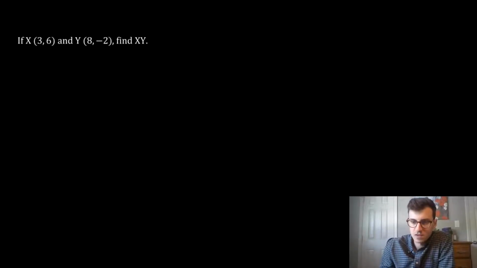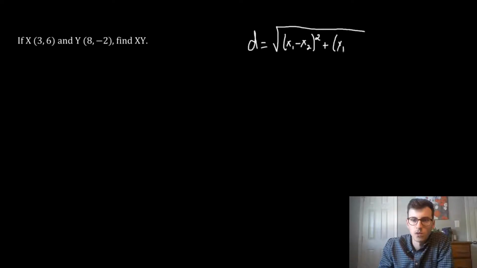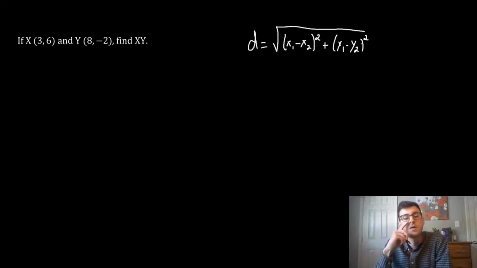Now remember the distance formula: d is the square root of (x1 minus x2) squared plus (y1 minus y2) squared.